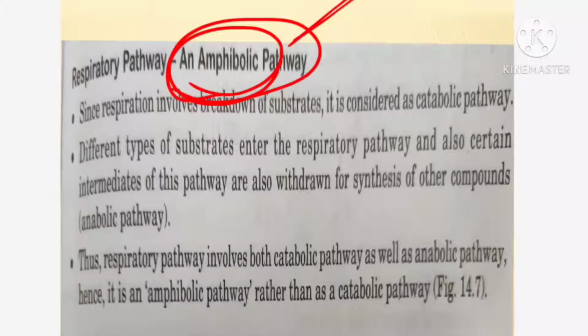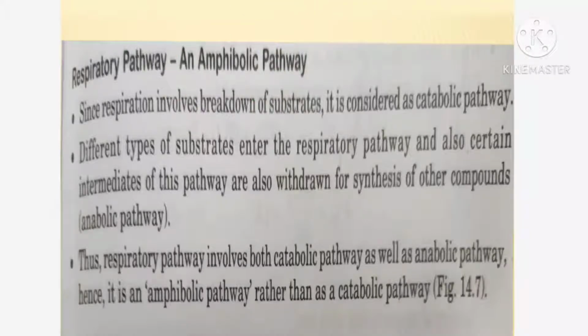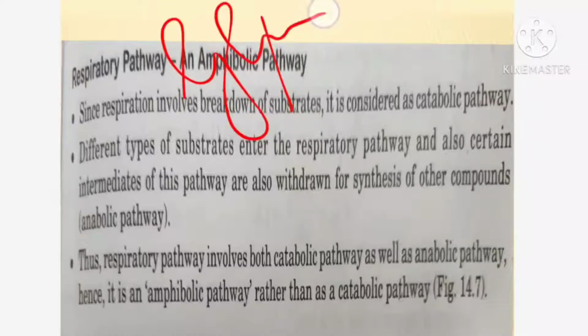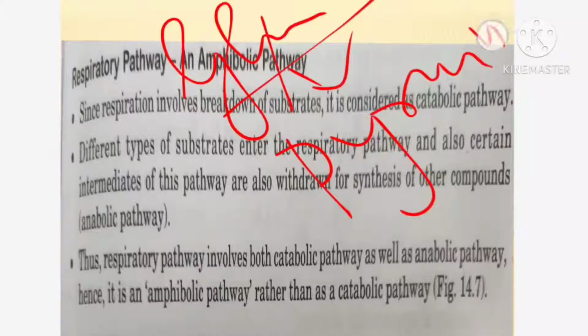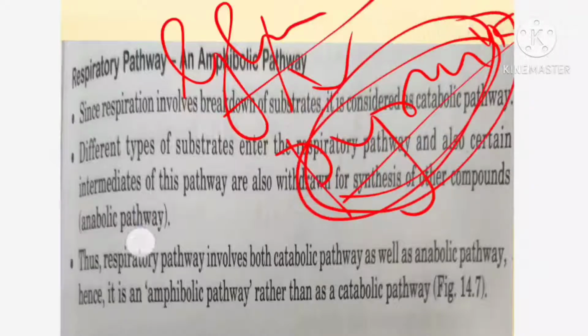Because respiration in which you can find there are series of steps like glycolysis is there, isn't it? At the end of glycolysis, what is produced? Pyruvic acid. This pyruvic acid can be used for some other reactions also, because this is a raw material for other reactions.